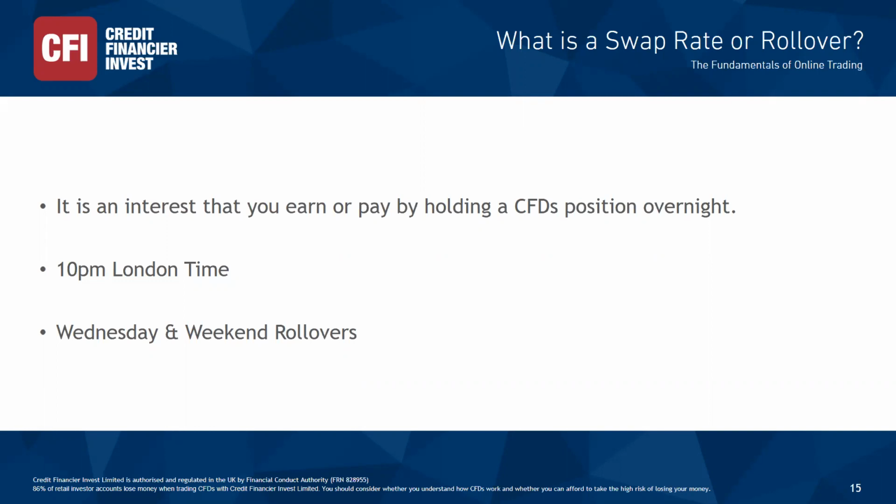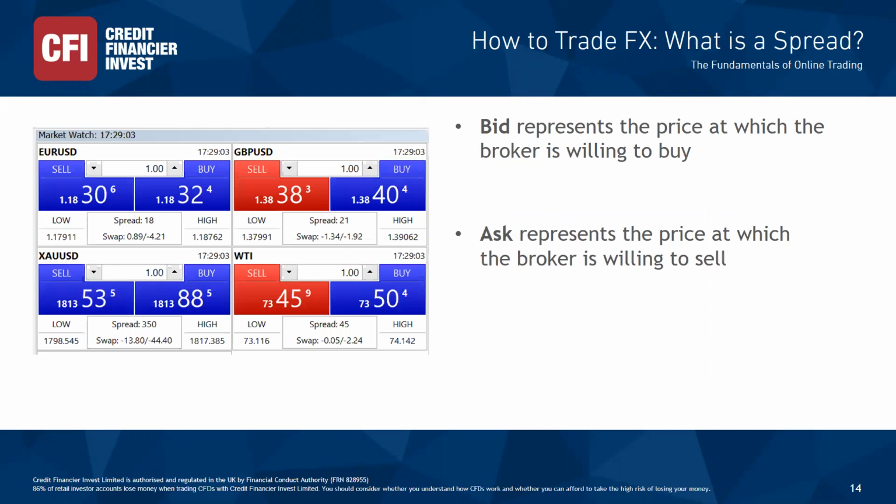Just in case you're wondering what server time is, usually in the platform you will be able to see it. As you can see over here in the market watch, it is almost 5:30 p.m. That's server time. So obviously, if you're based in London, that would be a couple of hours before, right?